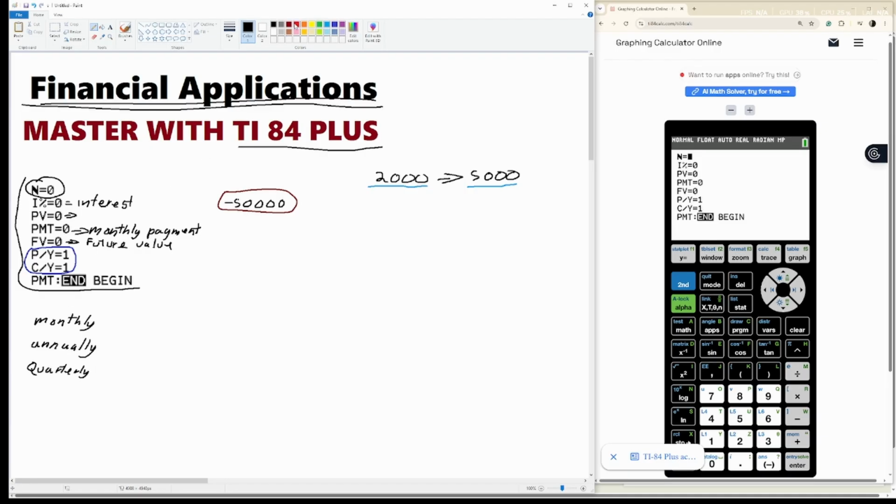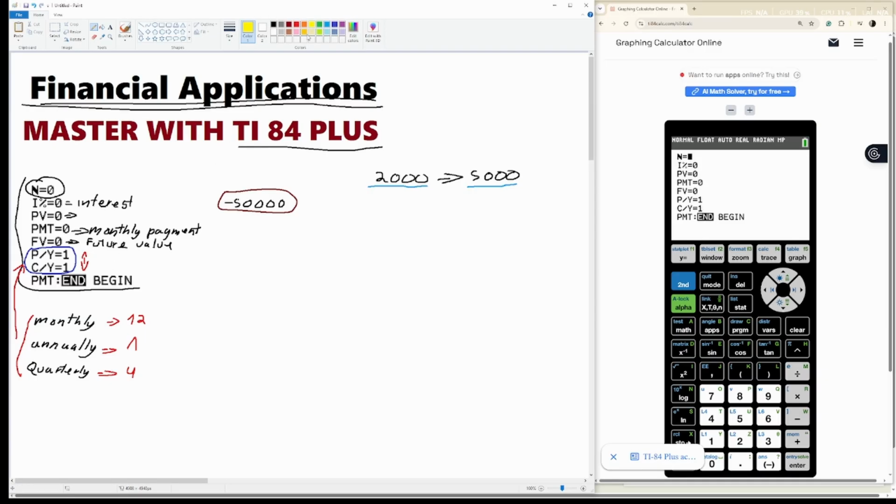So basically, in these two slots, you put how often the interest is compounded. Monthly means that in a year the interest is compounded 12 times. Annually means that it's compounded 1 time, and quarterly means that it's compounded 4 times. So you can just choose whichever it is. And P/Y and C/Y have to be the same always.